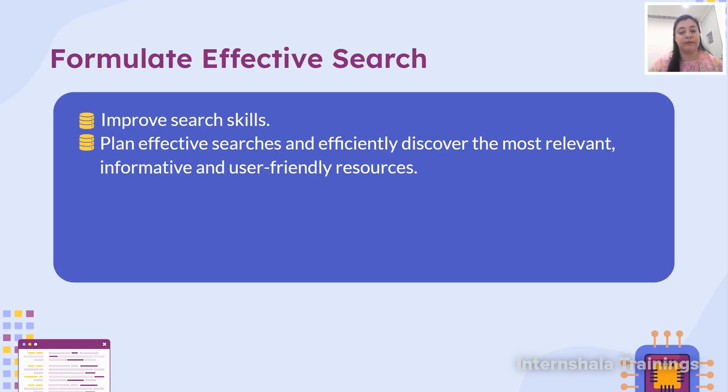One of the solutions I've just shown you, and you can search for the next best solution for it. Then plan effective searches and effectively discover the most relevant, informative, and user-friendly resources. Now, you have to understand which particular way is most suitable for you to get the output, your user-friendly way. That means which particular way is more comfortable for you to get that particular result.